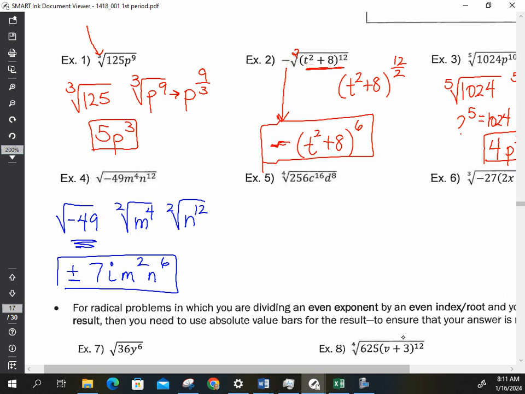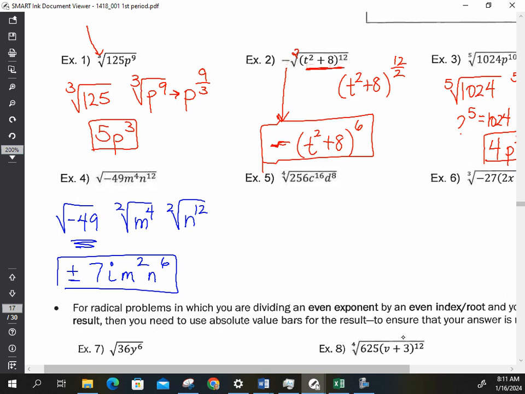Now, if you're wondering, why didn't we put plus or minus in front in example 2? Because there was already a minus sign sitting out there. So it's already indicating what sign it's going to take. So there you go.